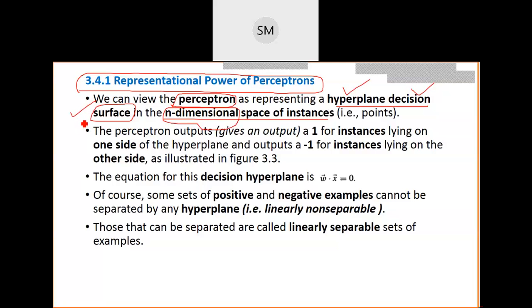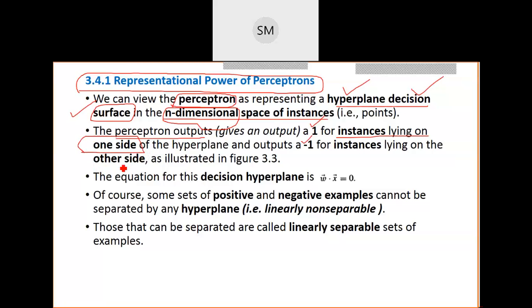And already I told you this perceptron gives us only two possible outputs. One is positive one, or plus one, and the other is negative one, that is minus one. So when it gives us plus one, as I already told you, it is for the instances lying on one side, where the multiplication of weights and inputs is greater than 0.